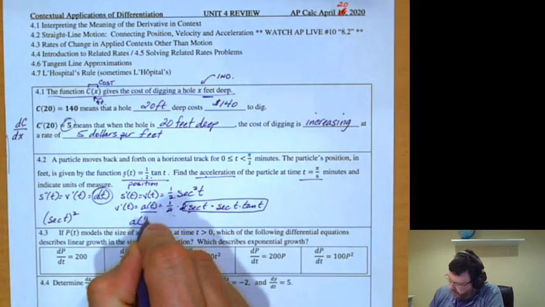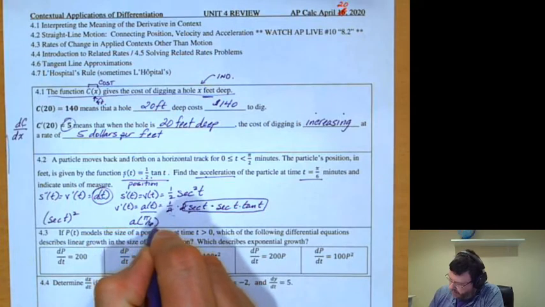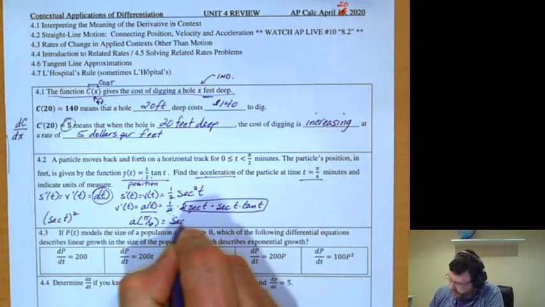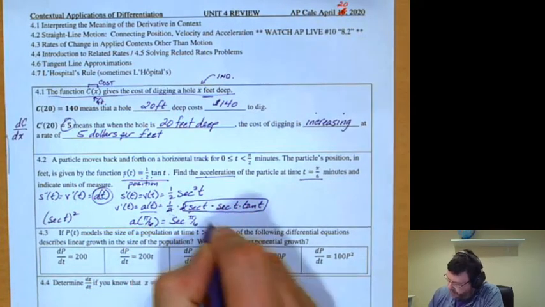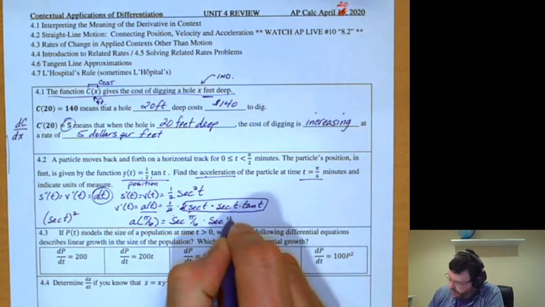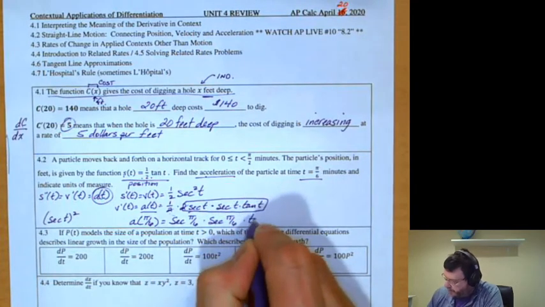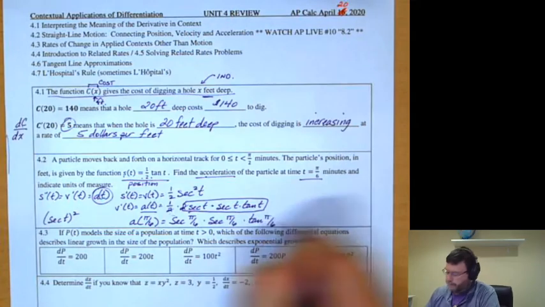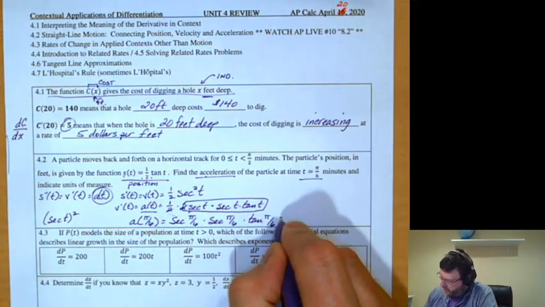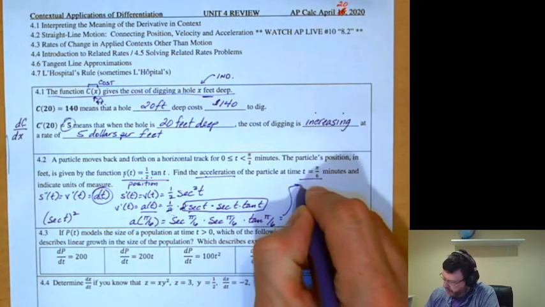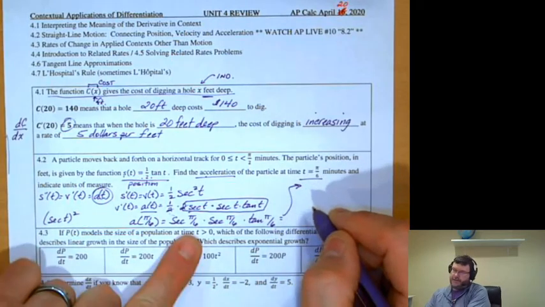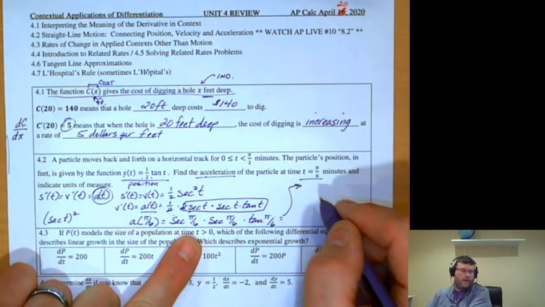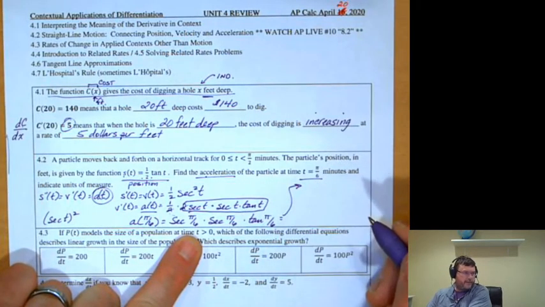So I'm looking at a of pi over 6. That's the secant of pi over 6 times the secant of pi over 6 times the tangent of pi over 6. Secant of pi over 6, reminder of your unit circle, pi over 6 has a cosine of square root of 3 over 2.